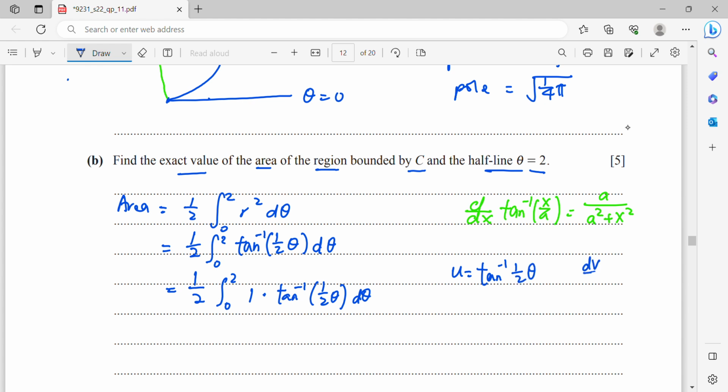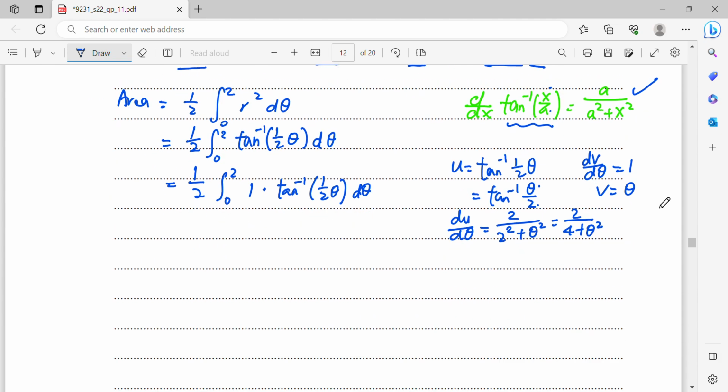Then my dv d theta equals 1. Comparing with inverse tangent of x over a, this is basically inverse tangent of theta over 2, which means my x becomes theta, my a becomes 2. So I can directly replace this formula. So du over d theta is 2 over 2 squared plus theta squared, which is 2 over 4 plus theta squared. And then my v is to integrate 1 with respect to theta. Therefore, it is just theta.